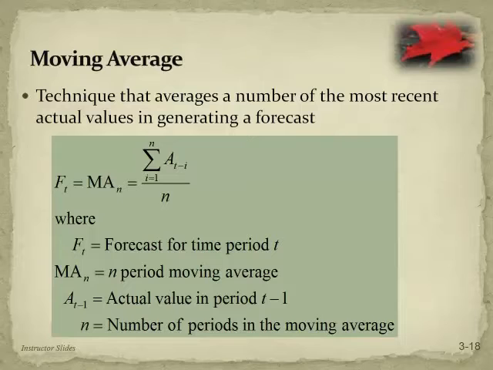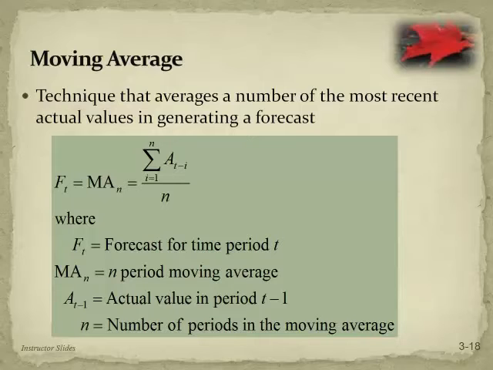How many values do I need to have an average? Well, I need a minimum of 2 in order to average anything. So in moving averages, I need at least 2 time periods to average, but there's no maximum number of time periods that I could use.